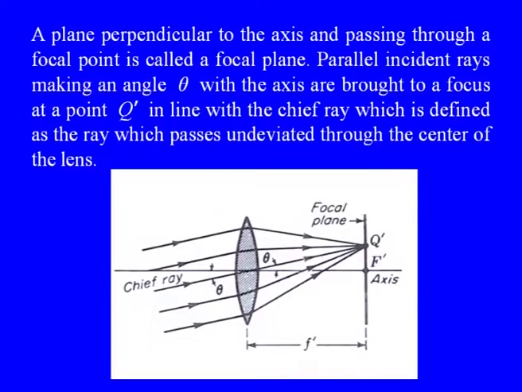Parallel incident rays making an angle theta with the axis are brought to a focus at a point q prime in line with the chief ray, which is defined as the ray which passes undeviated through the center of the lens.